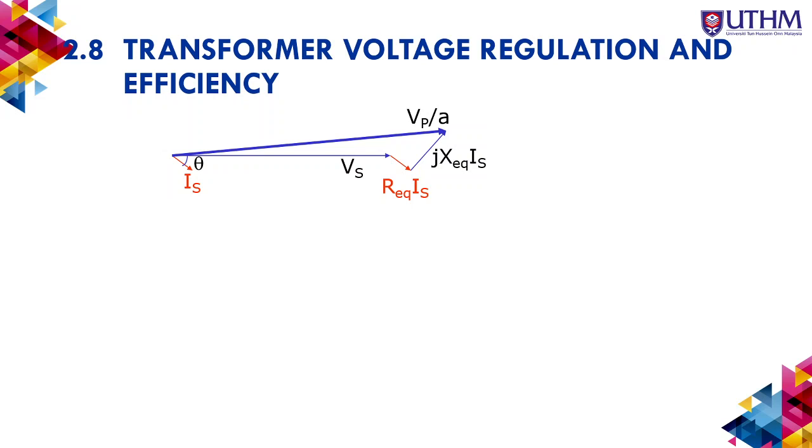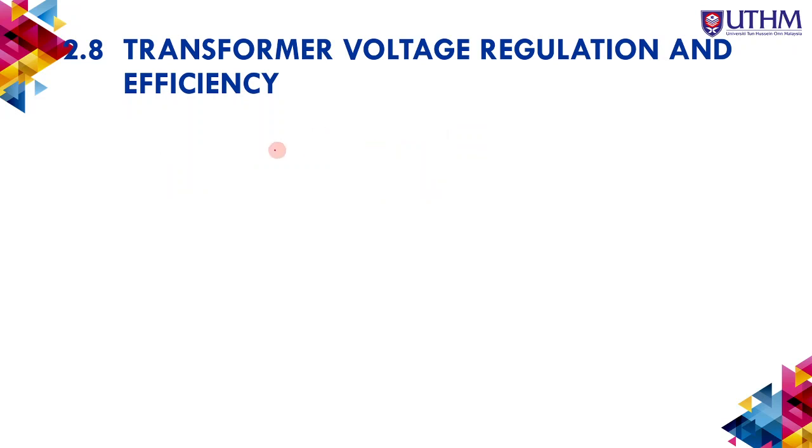I think it is better I leave this blank first. We assume the power factor is lagging. Since we refer to the output voltage, the output voltage becomes the reference.